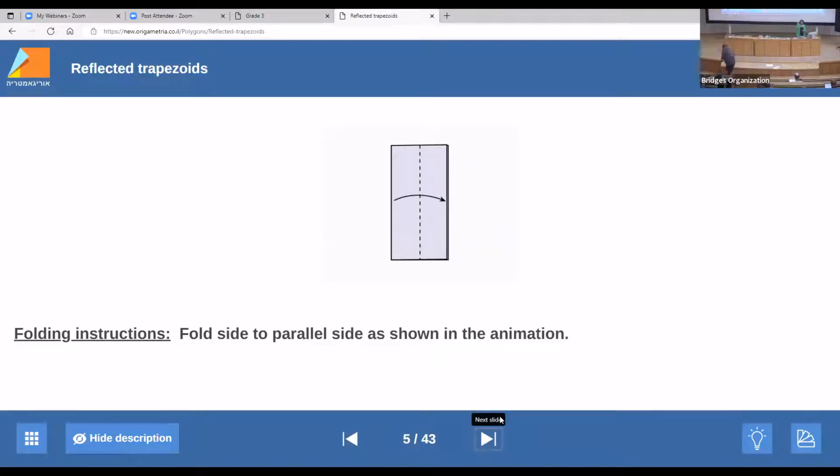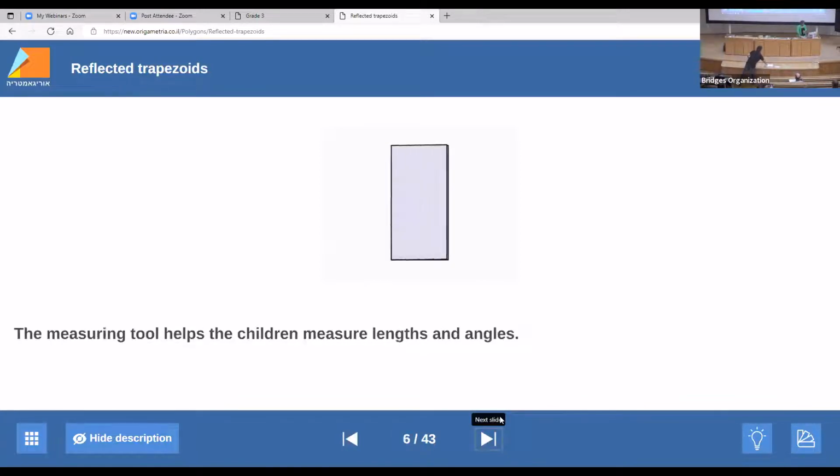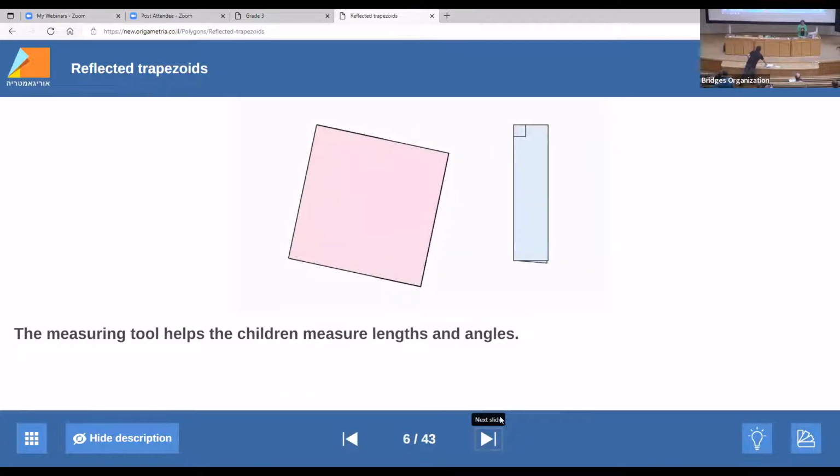And you fold now the long side to the parallel side. And after you did that, you put a sign of a right angle only on one corner.